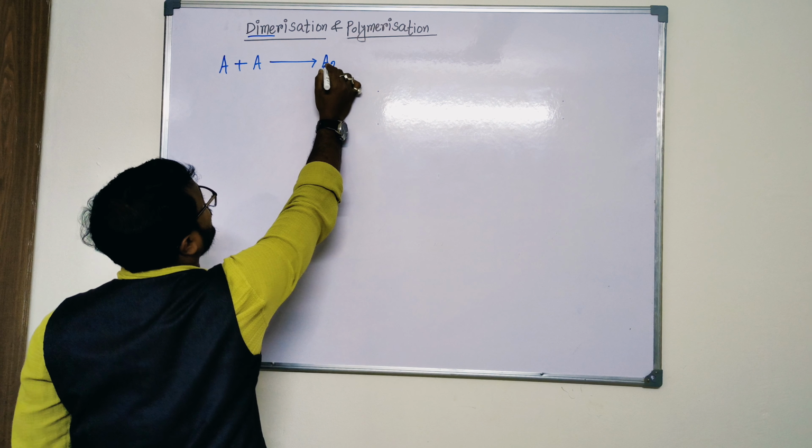Let us take an example. For example, it is given AB3 and it is asked, how can it be connected? Let's see. 1 A is connected with 3 B atoms. So for each A, there are 3 B atoms connected. I am marking them as 1, 2 and 3.